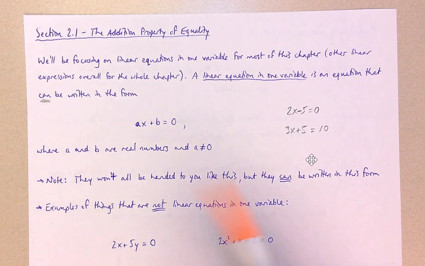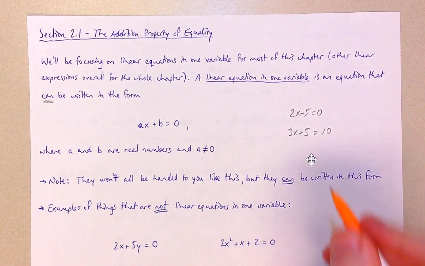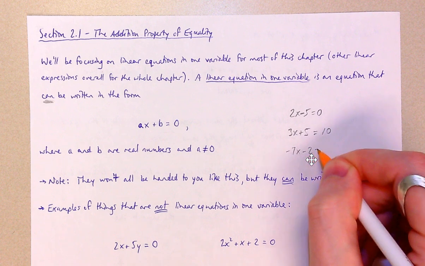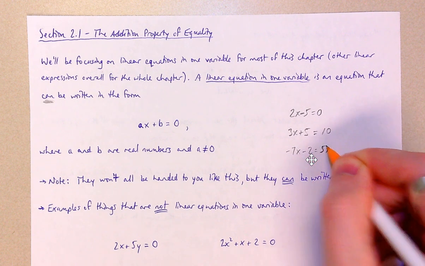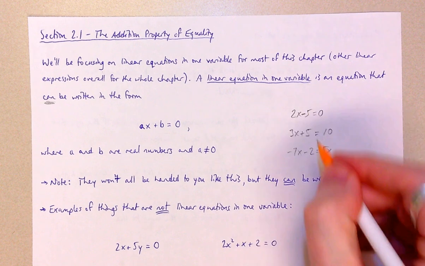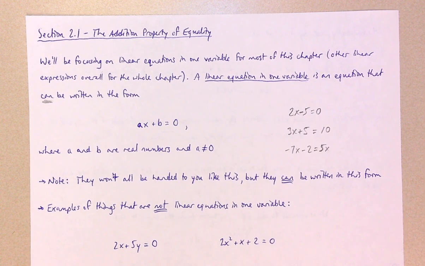It's not directly in this form, but we can put it in that form. And negative 7x minus 2 is equal to 5x. This is also a linear equation in one variable.